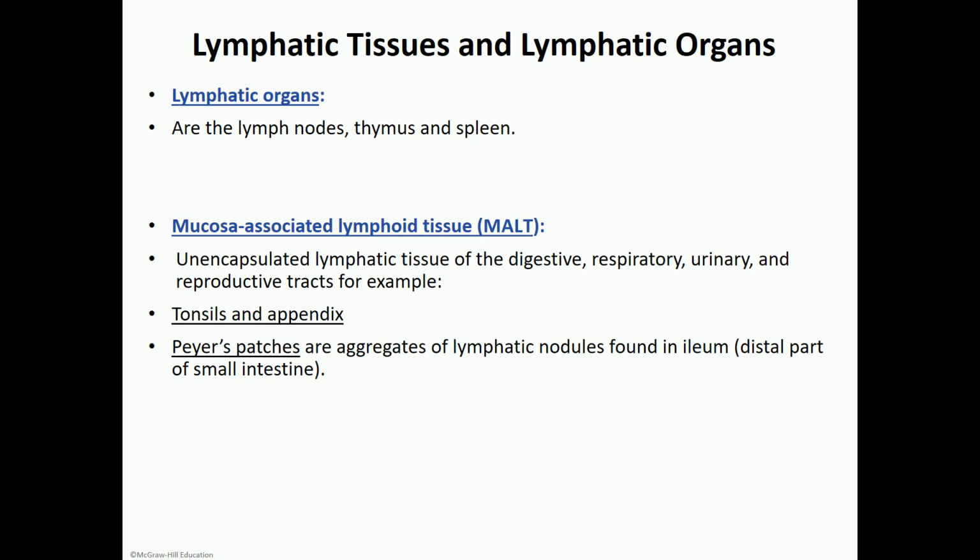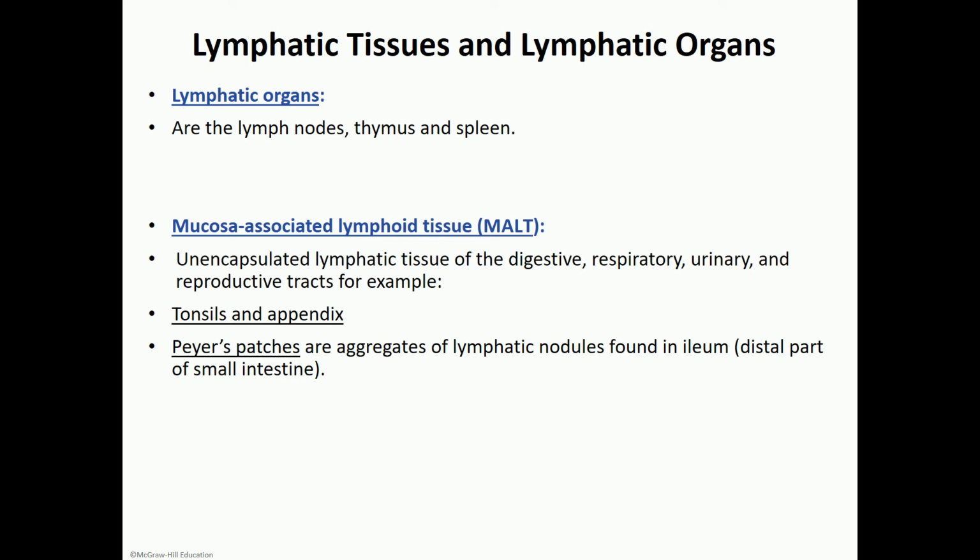So, for example, the tonsils, the appendix, and Peyer's patches, which are little aggregations of lymphatic tissue found in the ileum, which is the distal part of the small intestine. So again, because these tracts open up to the outside world, you want to try to trap as many pathogens trying to get in as possible.